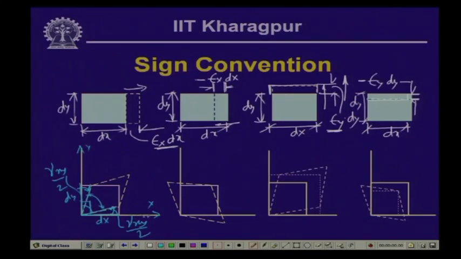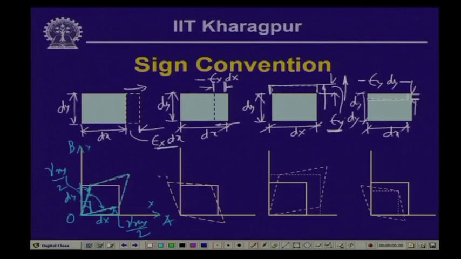Now, here the position from, let us say, OA and OB is moving to this position, and thereby the angle is decreasing, and we call this shearing strain total gamma xy by 2 plus gamma xy by 2, which is gamma xy, as the positive shearing strain, and this is the position that this particular element is going to take because of the shearing strain.